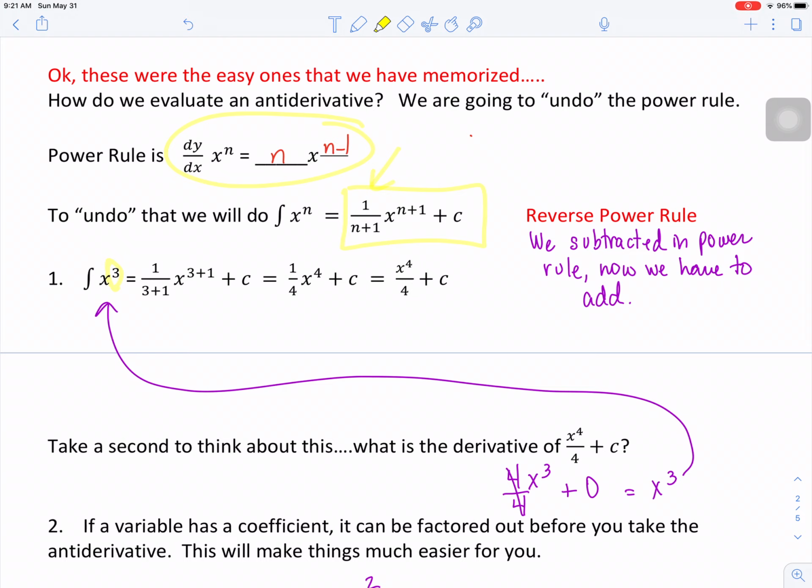Where is it? It's not here. It's not there. So we're going to say 1/4, and by saying that 1/4, that's why it's gone, because it's divided out. And we get x to the 4th times 1/4, which is x to the 4th over 4, plus the constant. Don't forget the constant.